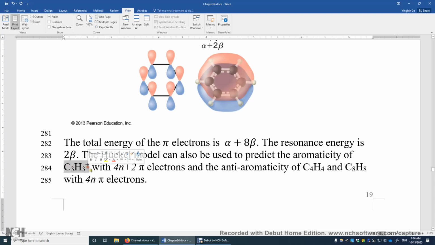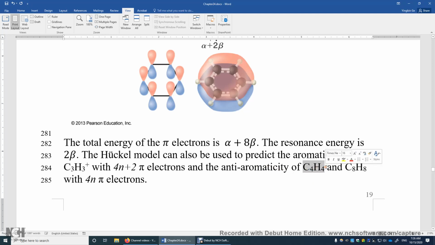So in this ring structure, you have 2 pi electrons, so this is aromatic. But C4H4 and C8H8 both have 4n pi electrons, and they are anti-aromatic. I believe in this molecule, the structure is non-planar, just to remove this anti-aromaticity.